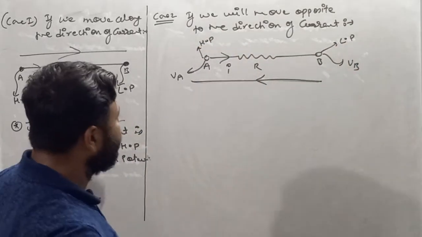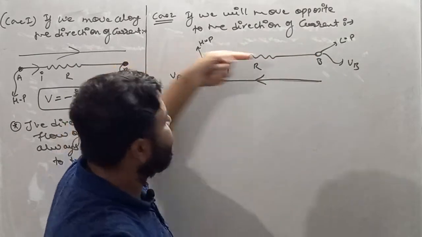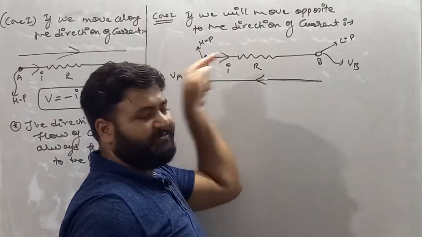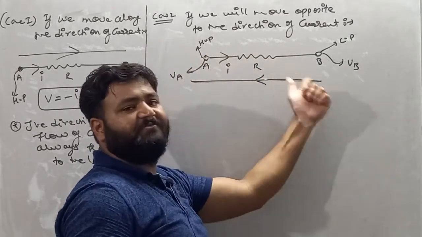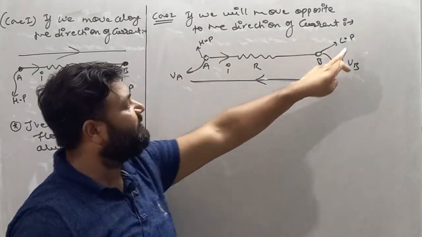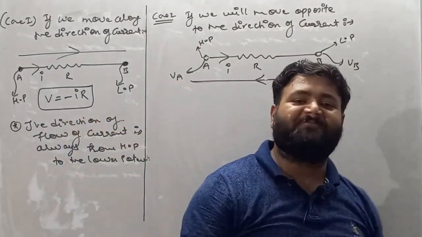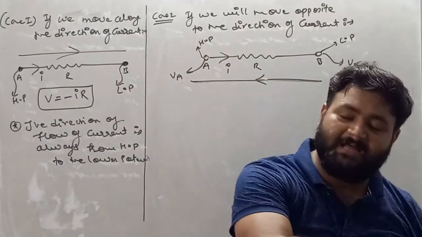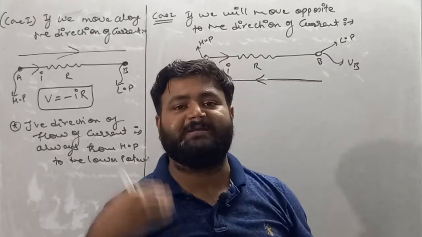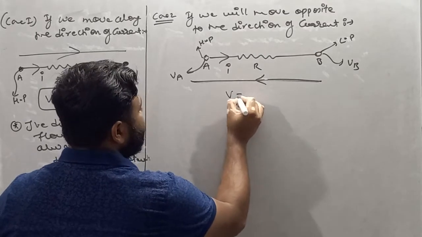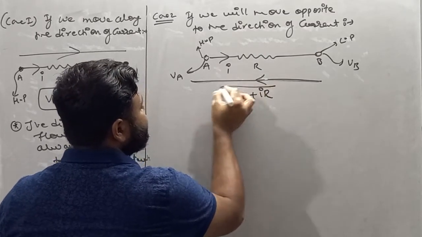Now see my dear student, the direction of current is from A to B and we are moving from B to A. So we are going from lower potential to higher potential, which means our potential is increasing. In that case, we'll write V is equal to plus IR.